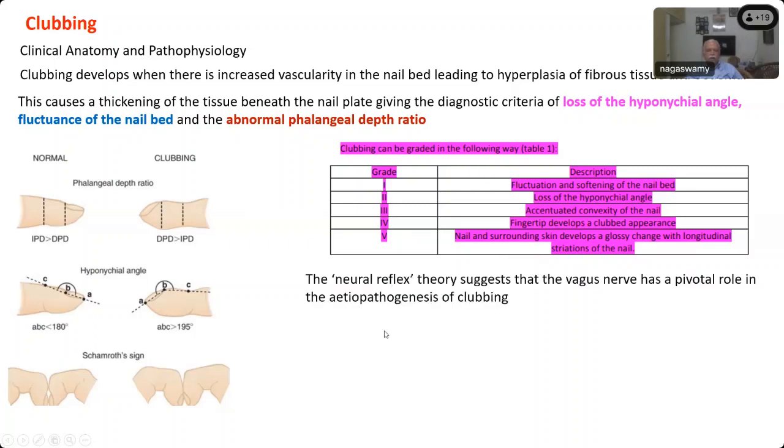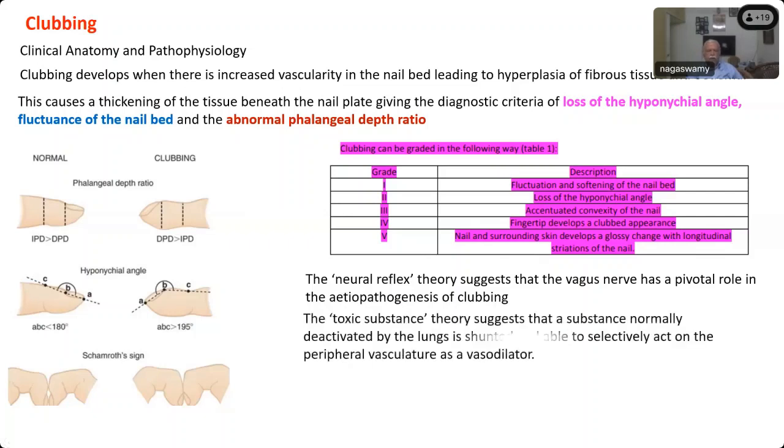The theories that have been proposed are, first, the neural reflex theory, which suggests that the vagus nerve has a pivotal role in the etiopathogenesis; it causes vasodilation. The toxic substance theory says that normally deactivated substances in the lung are not deactivated properly, and they act on the peripheral vasculature and cause vasodilation.